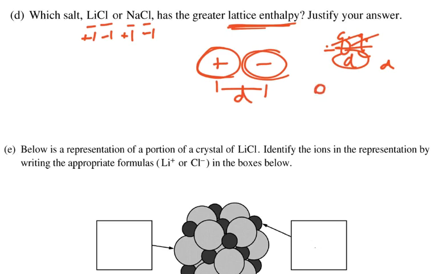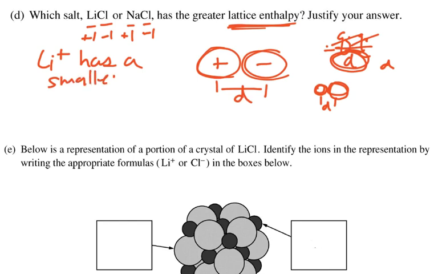But if you have a small distance between two ions, then the attraction is going to be a lot larger. If the denominator of your Coulomb's law is a small number, then your attraction is going to be larger. Anyway, so what you want to say is that lithium is smaller, has a smaller radius than sodium.